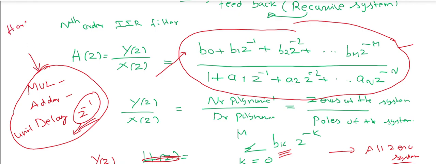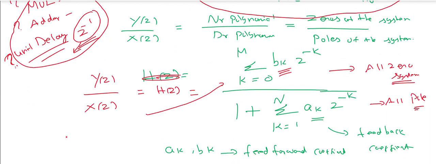How efficiently we can use the delay elements in different forms of structures, direct form 1 and direct form 2. We'll discuss how many delay elements are required for each in this session.